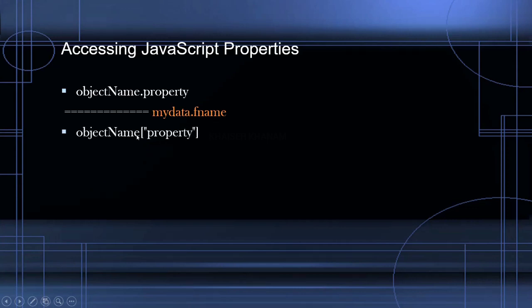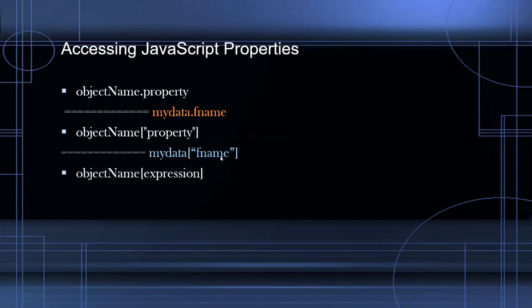Then we have the object name, and inside square brackets we give the property wrapped inside double quotes. You can see here myData, and inside the square brackets I have fname.